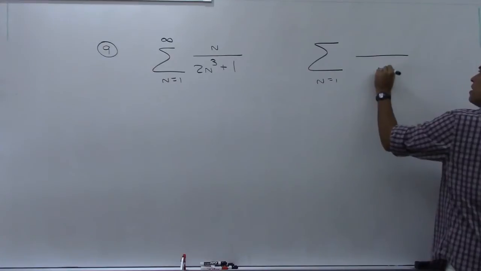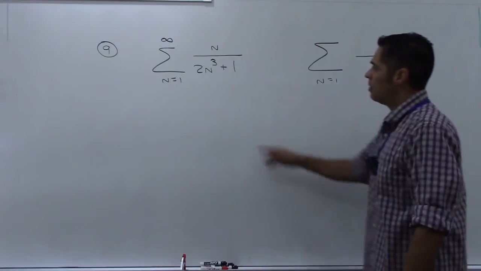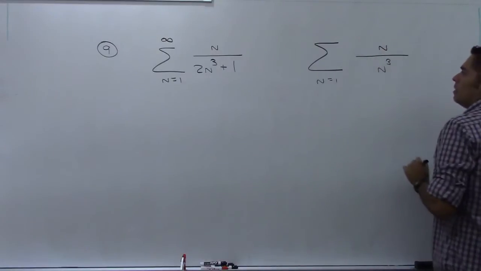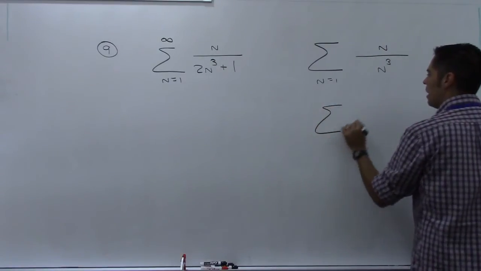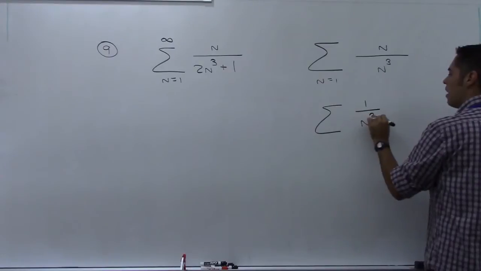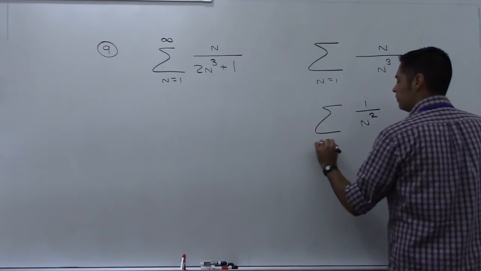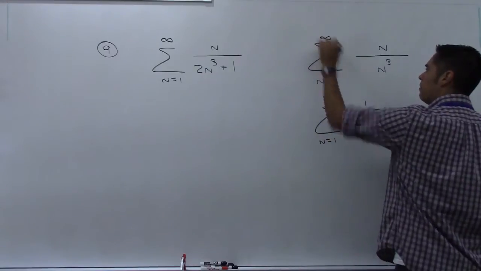The plus 1 and the times 2 don't really make a difference. And on the top, it just acts like n. So it looks like maybe it's behaving like 1 over n squared, because n over n cubed is 1 over n squared. So perhaps this is what I should compare it to.